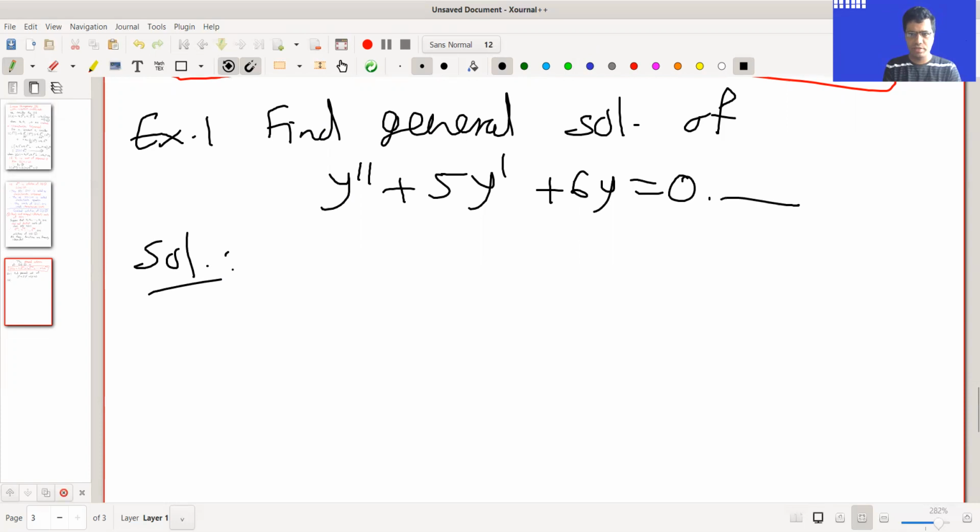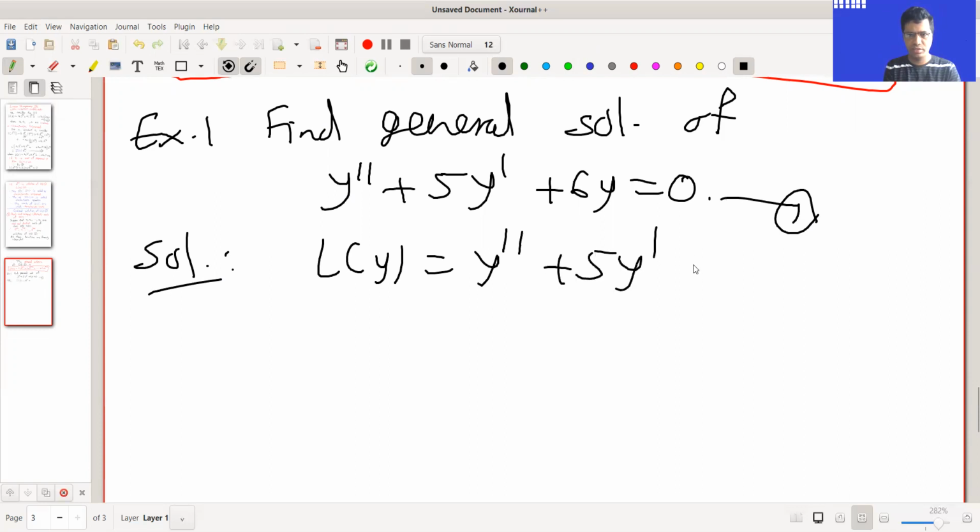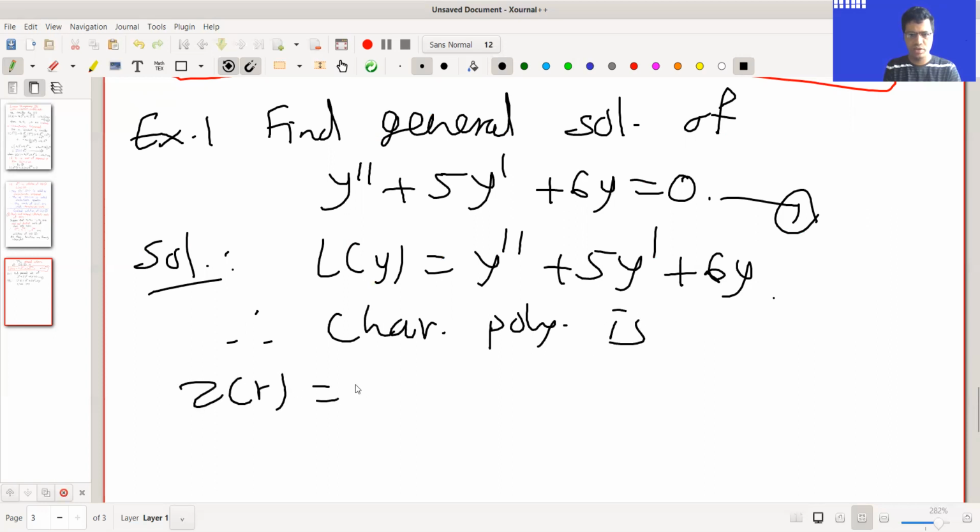So this is differential equation 1. L of y is y double dash plus 5y dash plus 6y, and therefore the characteristic polynomial is z of r equal to r square plus 5r plus 6.